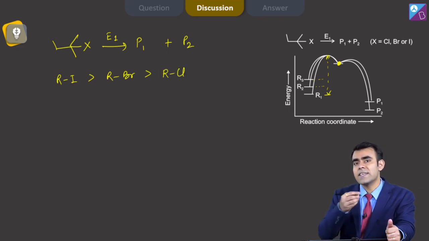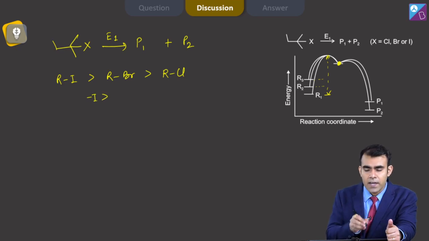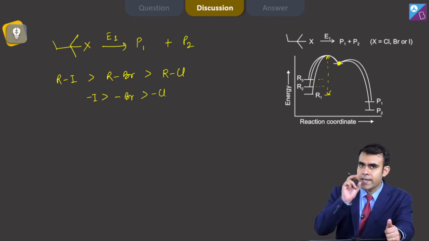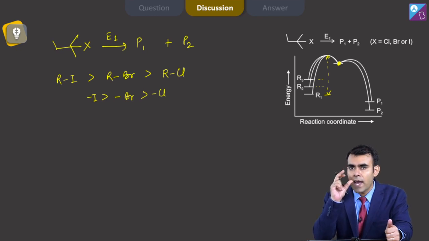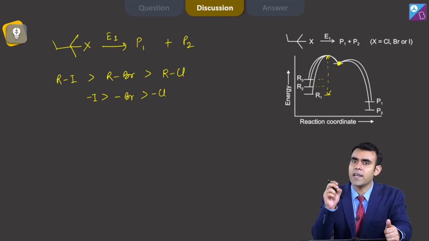The reason is the leaving tendency: iodine has higher leaving group tendency than Br than Cl. So my first part is clear, that for RI the energy required is less, and for RCl the energy required is maximum.